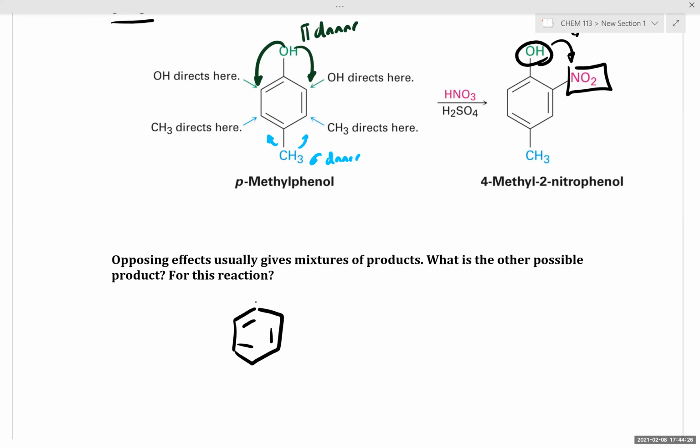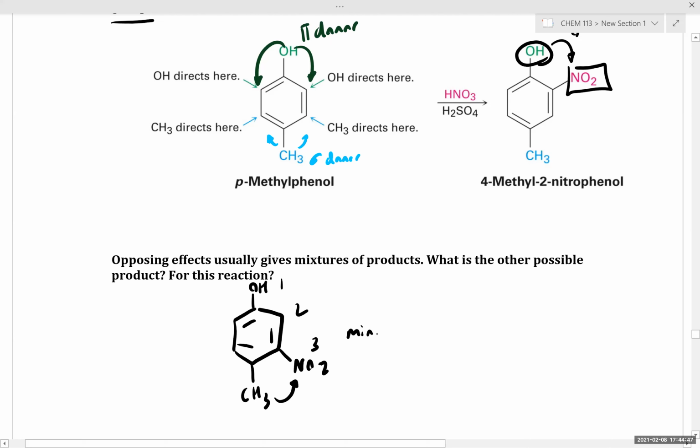Would it be at the bottom, the methyl? Exactly right. The other possible product would be from direction of the methyl group to the ortho position, and you end up with the nitro group at the 3 position relative to your hydroxyl group. Yep, exactly right. So this is the minor product. You should be able to draw major and minor products.